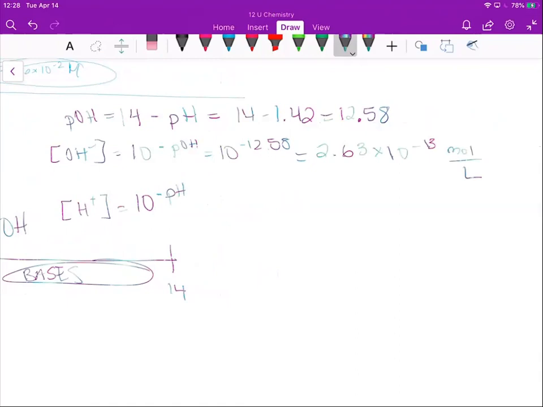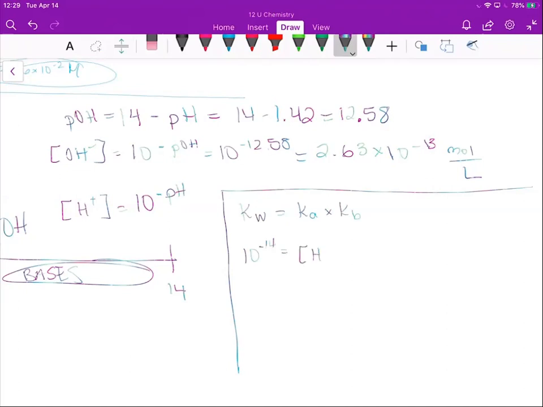Is there another way to do it? Yes, there is. So we know this. Okay. We have the equilibrium equations, but we also know that when you multiply the two concentrations of acids and bases together, they're going to equal 10 to the minus 14.